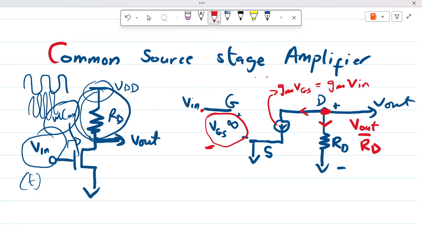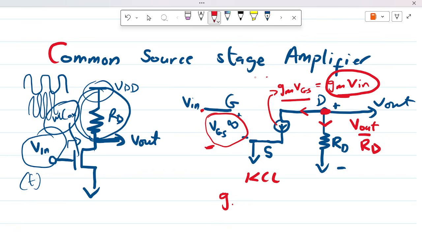At the same node, we have this current leaving now in regards to RG. So the KCL at this node says that the currents leaving the branch should add up to 0 since they are all leaving the branch.